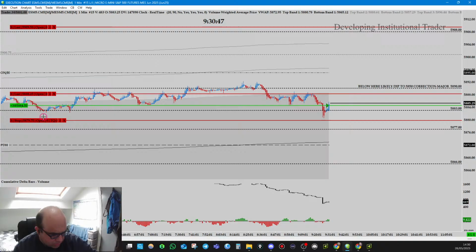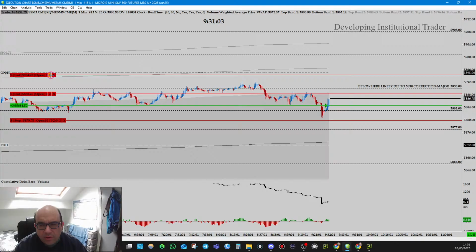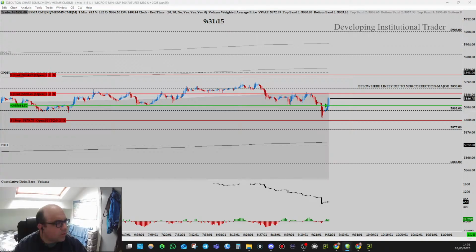And I'm planning to take another one a bit higher. Oh, there's some really good volume there. Let's see if it's going to carry on.